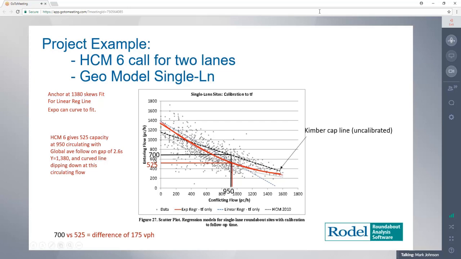In this project, the HCM6 is showing an available capacity of 525 at 950 vehicles circulating, and the geometric model is showing 700. So you're differing in output with respect to queue and delay for a single lane entry, with one saying a single lane is not sufficient and the other saying it is. And so understanding that this is dipping down below is important.